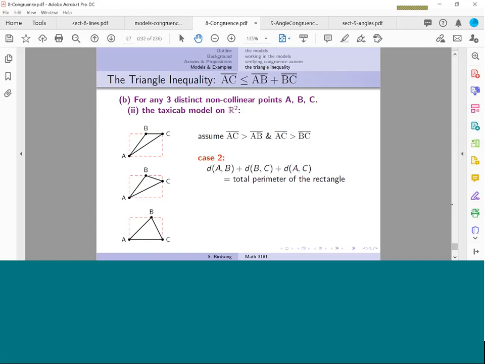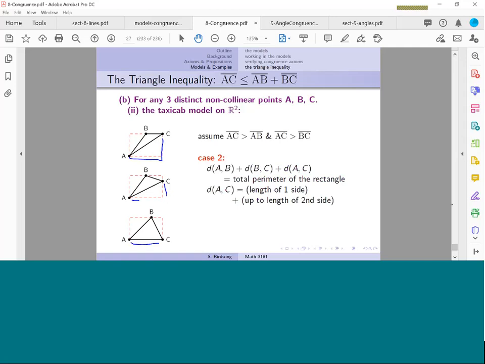Now, if you only look at AC, notice its distance is going to be the length of one line segment, possibly a second line segment, possibly part of a second line segment, or possibly just that one line segment.